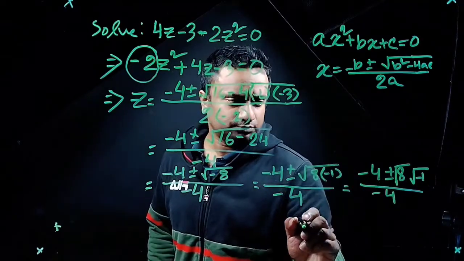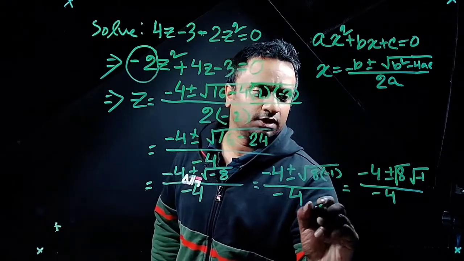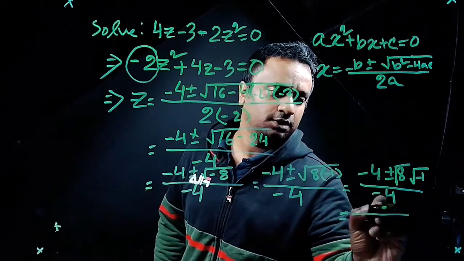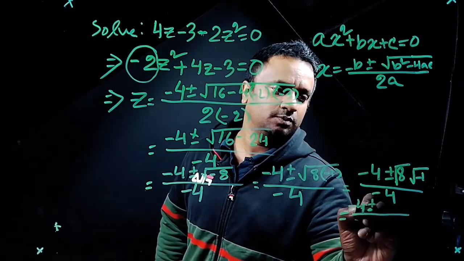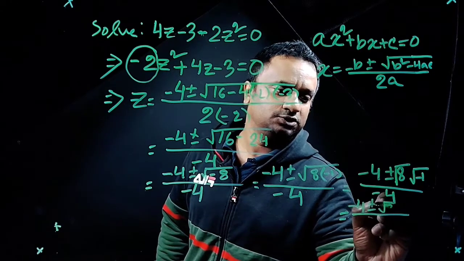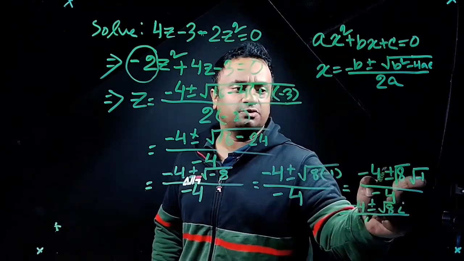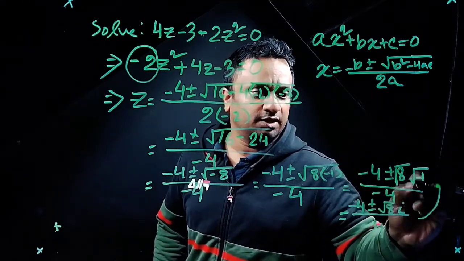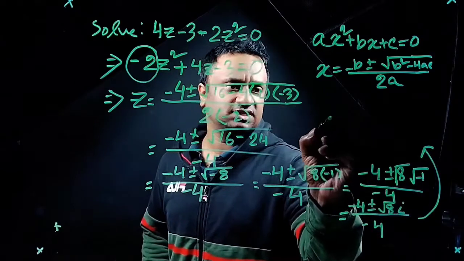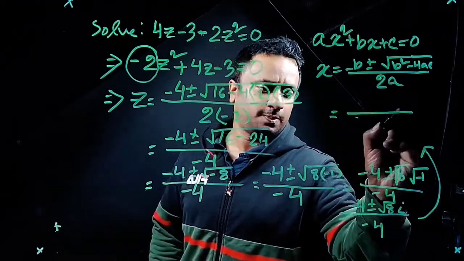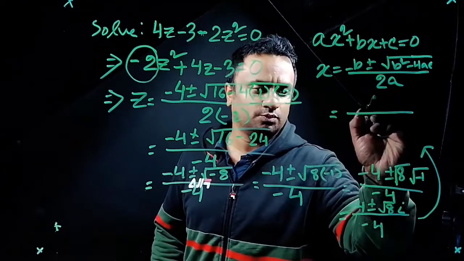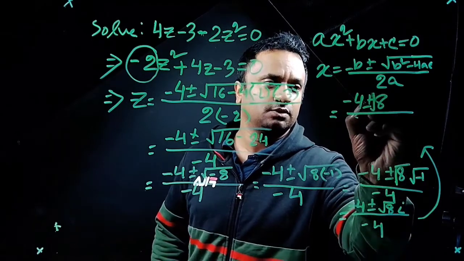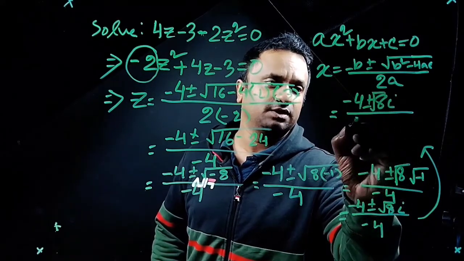And then I can write it as minus 4 plus minus root 8 i, because square root of minus 1 is i. Okay, so I extend it here. I am writing here. So the result is minus 4 plus minus root 8i divided by minus 4.